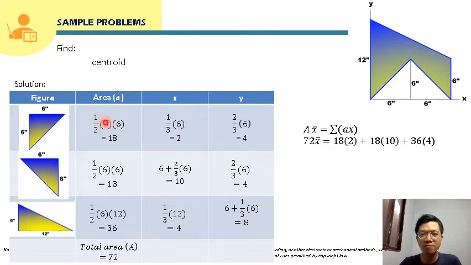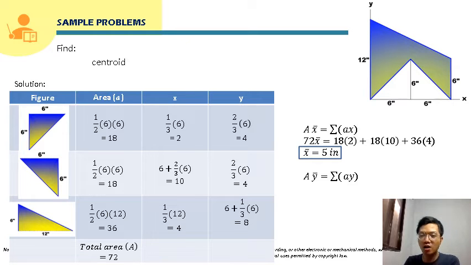Our a are these areas, and x will be the corresponding x coordinate, no? So this will be 18 times 2 plus 18 times 10 plus 36 times 4. Solving for x bar, we just divide both sides by the total area. So this will be 5 inches. Again, don't forget to include the unit. The unit for this is inches. So the x bar is 5 inches.